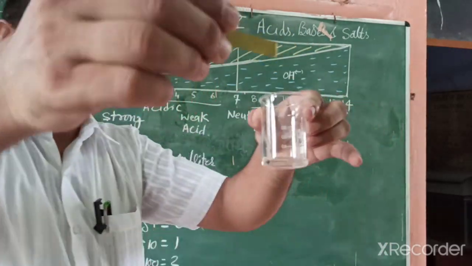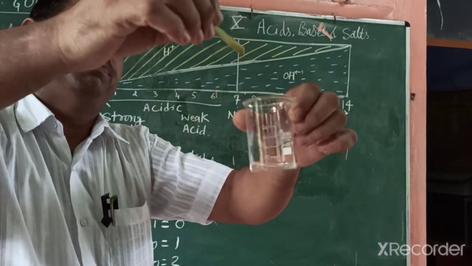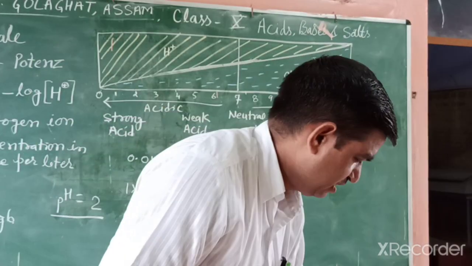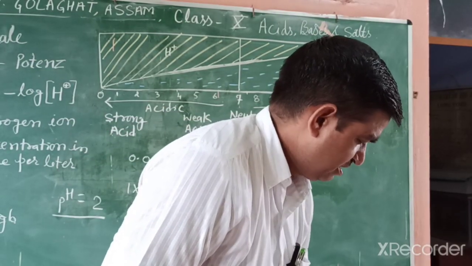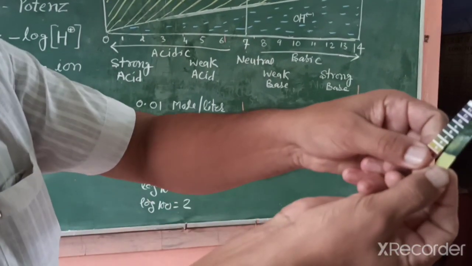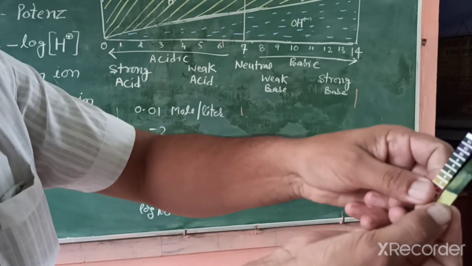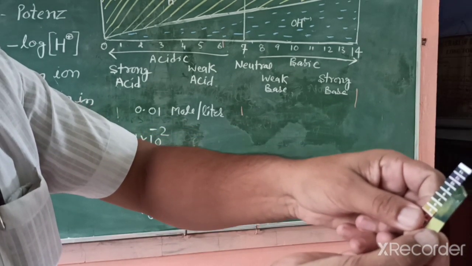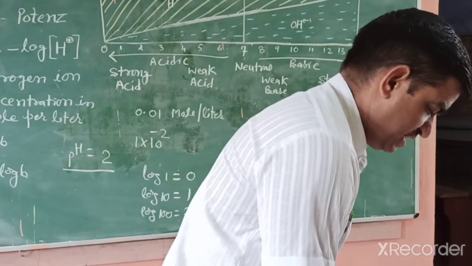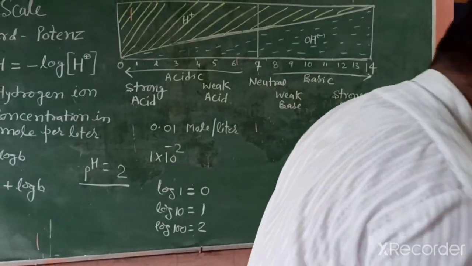When we dip this strip of pH paper in this, it changes into also blue color but slightly light blue. When we match, its pH is near 9 because of the light blue color. So this confirms this is a weak base. Ammonium hydroxide is a weak base.